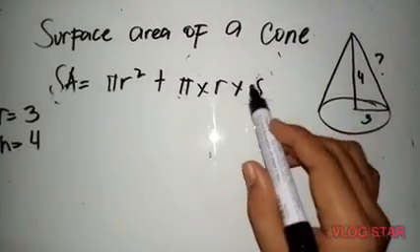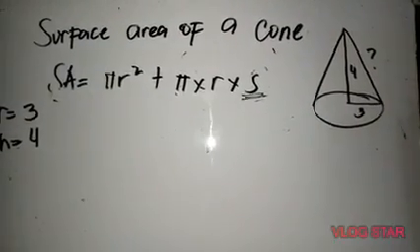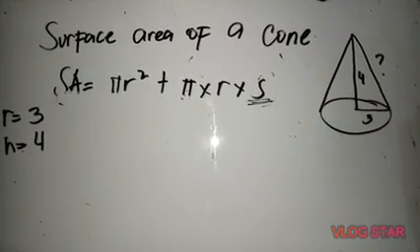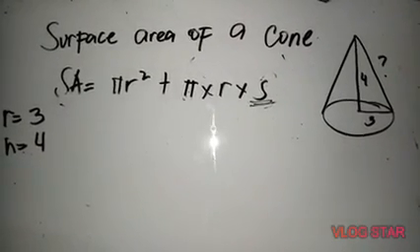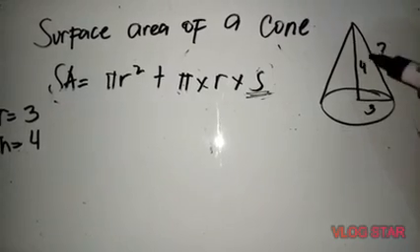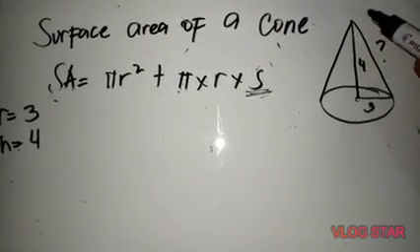Since the slant height is not given, we will first find its value. The radius is 3 and the given height is 4. As you can see, it forms a right triangle.